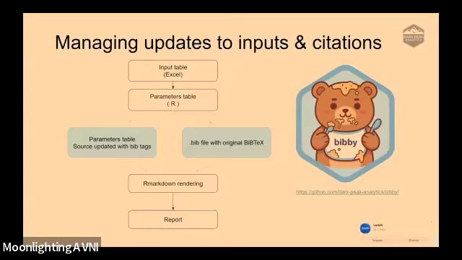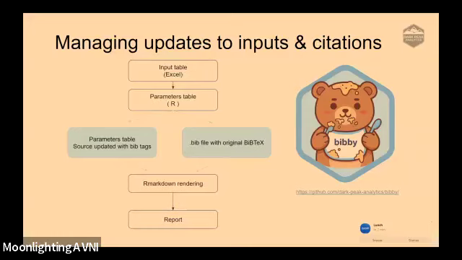You can just export the BibTeX out and paste it into the input template. It's then going to update that input table with an RMarkdown tag, and it's going to create a bib file and store the BibTeX reference so that RMarkdown can pull those two things together into the format you need.